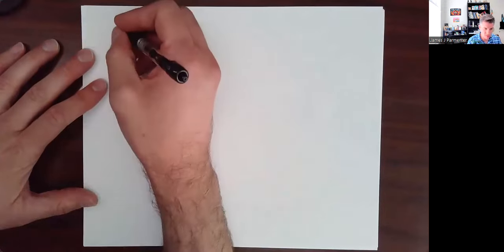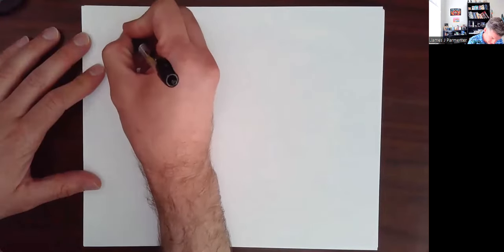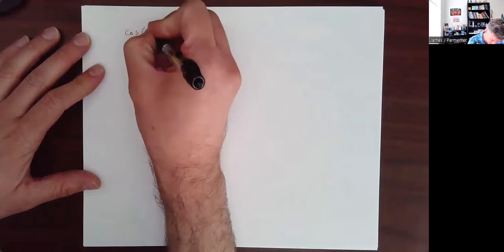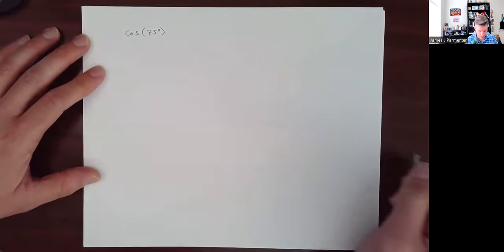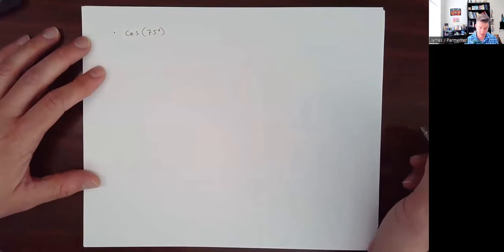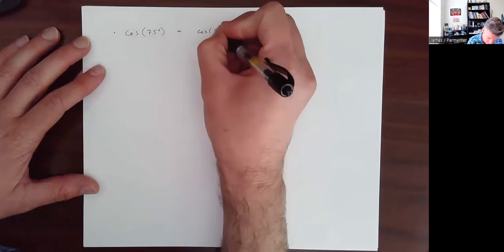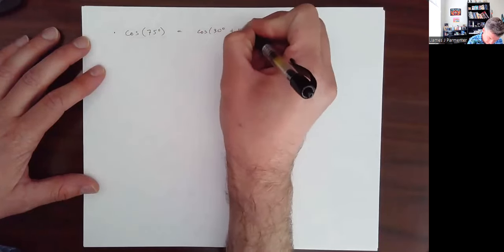For example, let's do cosine of 75 degrees. Well, I can find two angles that add up to 75 degrees. I can write this as cosine of 30 degrees plus 45 degrees.